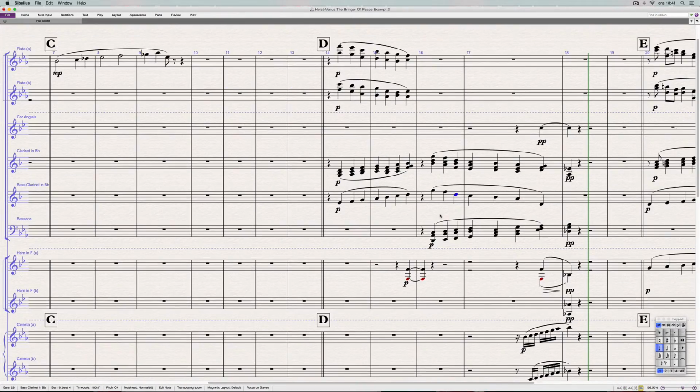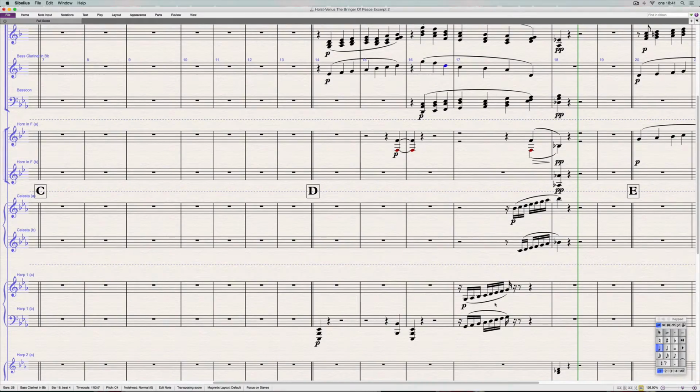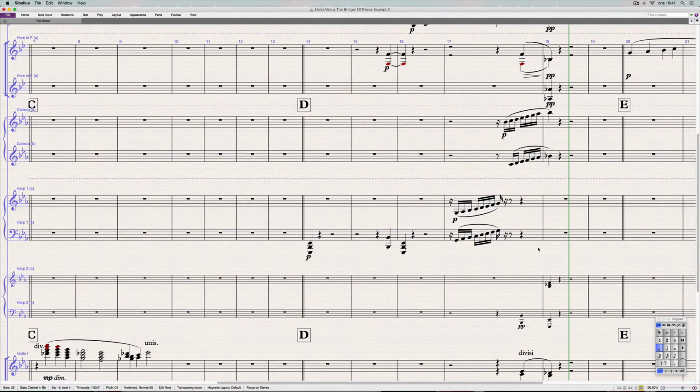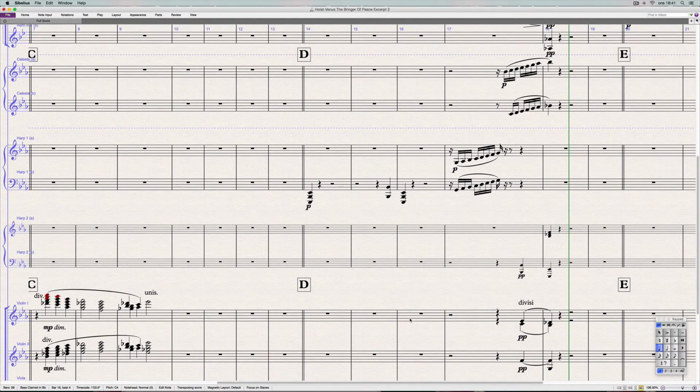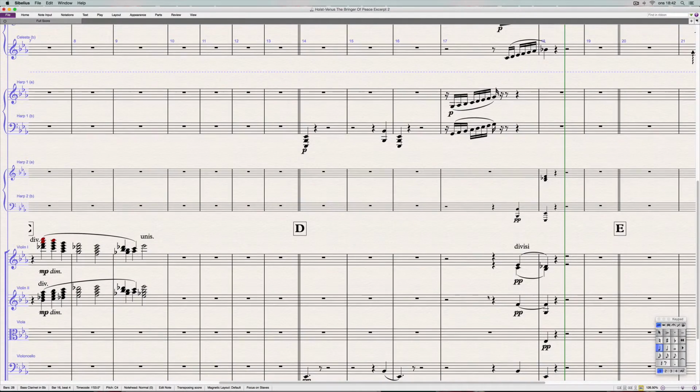And the bridge is played by a combination of harp and celeste. And also the harp gets the low E flats here. What else? I have a second harp just helping out here. And the violins come in right at the end.